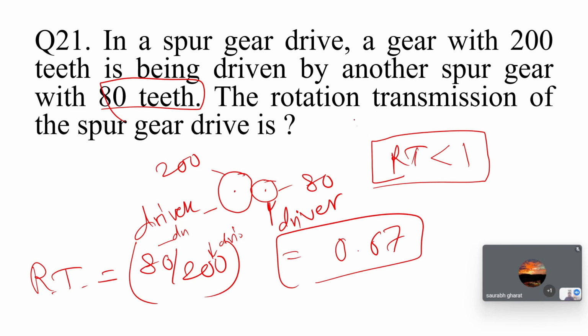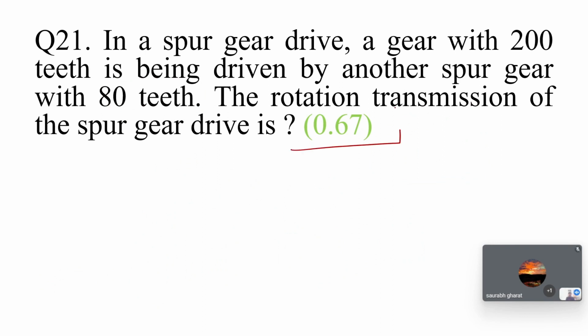Again we are using only 2 decimal points, as in the previous one. It is actually recurring from 0.6666, but we use only 2 decimals, so 0.67 is your correct answer.